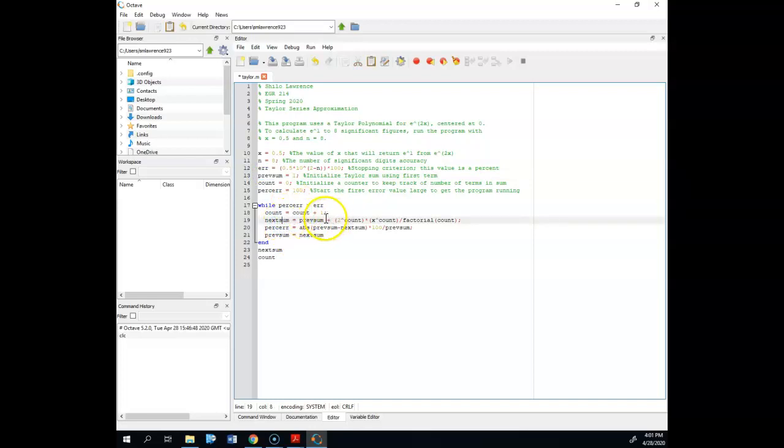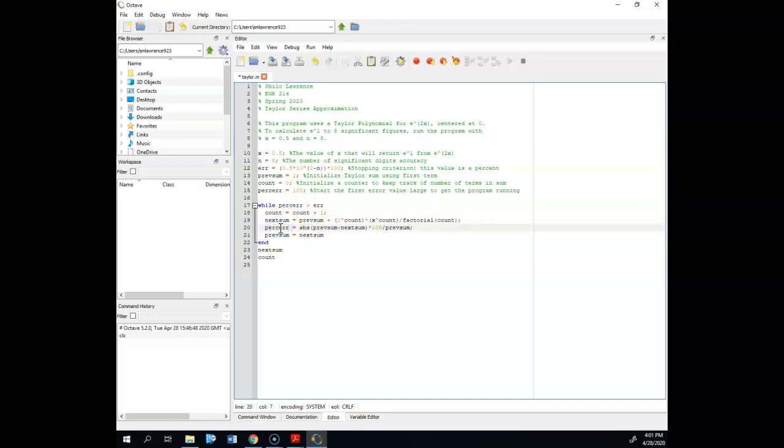So I want my next sum to be my previous sum plus whatever the next term would be in the Taylor series. So for this one in particular, we've got 2 to the n power, which is count, times x to the n power, which is count, divided by the factorial of n. That will give me the next term in the Taylor series, and it will add it. So I now have a partial sum that's 1 degree higher.